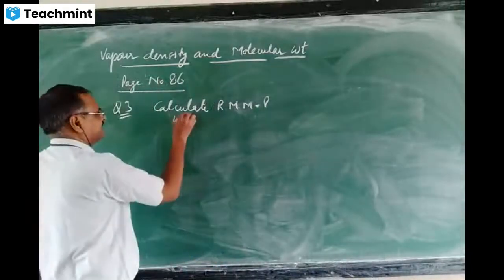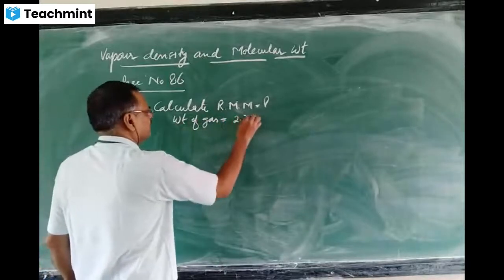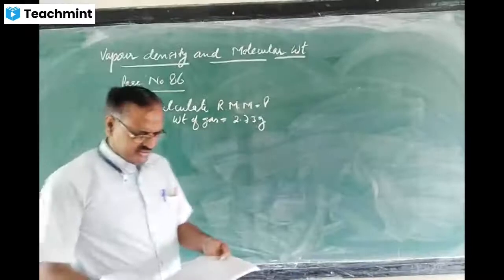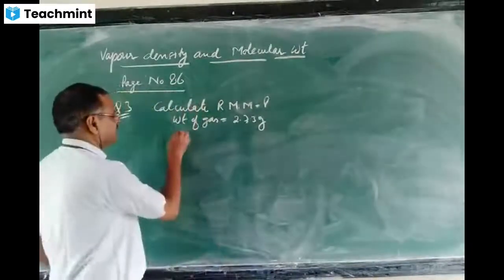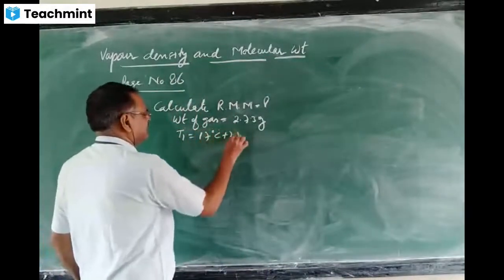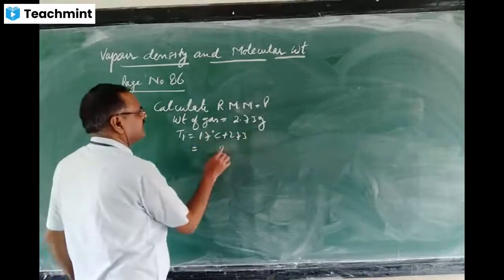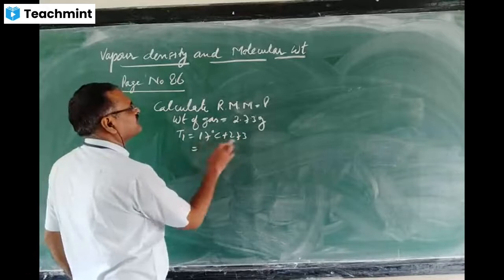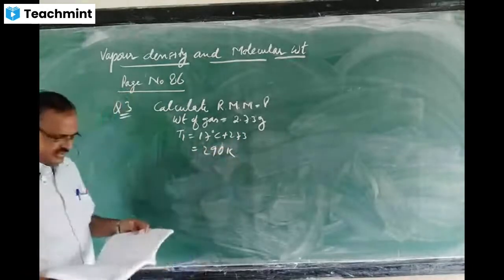So the weight of the gas is given, 2.73 gram, and then the conditions are given. The temperature T1 is 17 degrees Celsius plus 273, which gives 290 Kelvin.